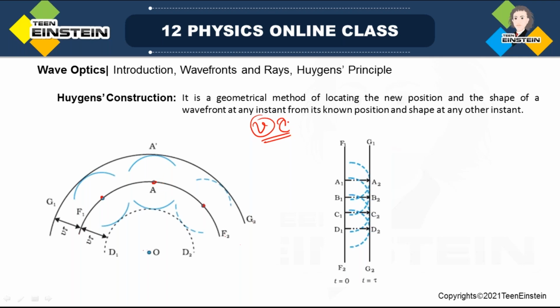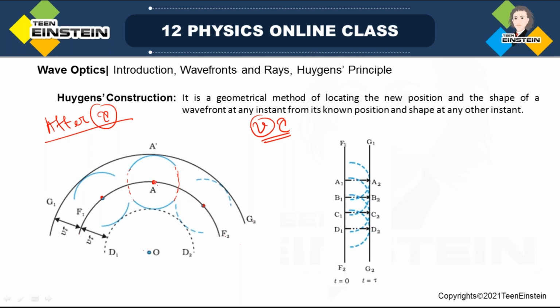I'm trying to locate the wavefront after time tau. Since a point source will create a spherical wavefront, making this point A the center, there is a sphere here, shown as half.